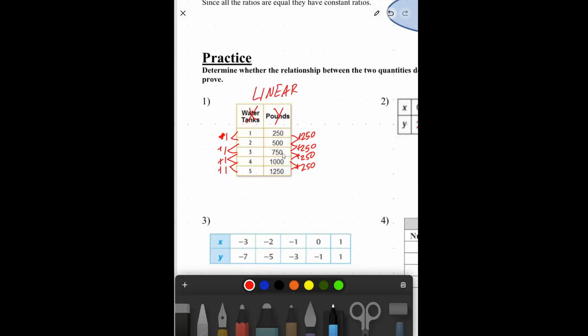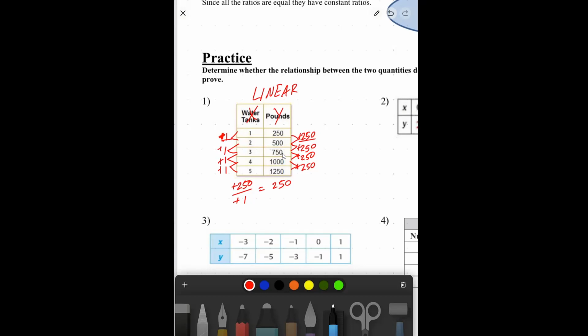Now, to find the slope, you just take the change in y over the change in x. So it's going to be 250 over plus 1. So the slope is 250. Another thing, if it's easy to do, is find the y-intercept. Once you know the y-intercept, you could come up with the equation for this linear function.